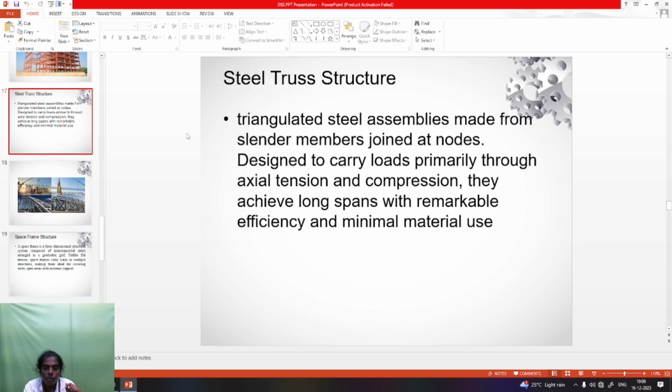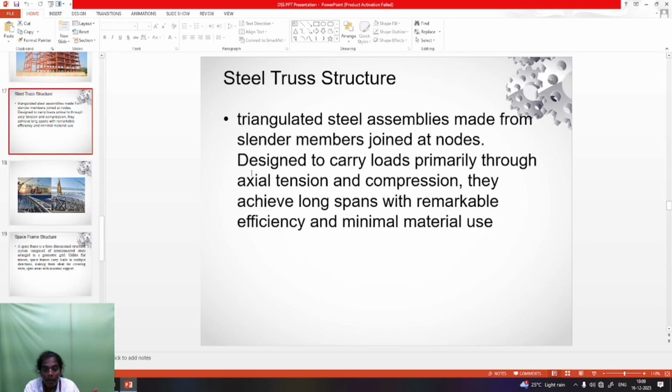Okay. So next one is truss structure. Truss is also used for purlins. The bridge structure is made up of slender beams and slender columns. Triangulated steel members are used, slender members joined at the nodes. Joined at the node means the tip connection is also connected together.